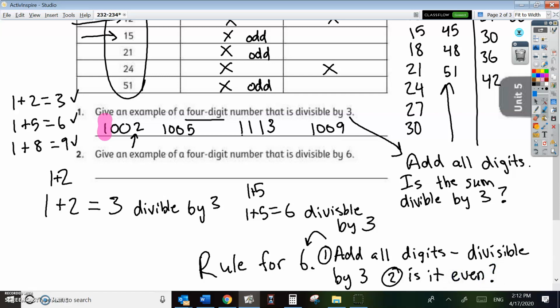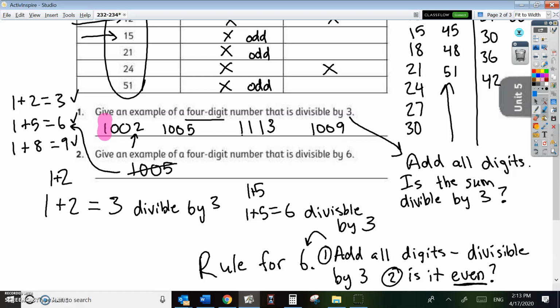So a 4-digit number that is divisible by 6. So let's do 1, 0, 0. And look at this example again over here. Is this going to work? It's divisible by 3, but is it even? No, that one won't work.